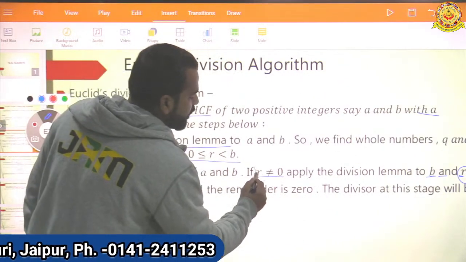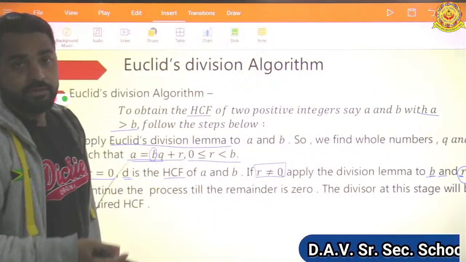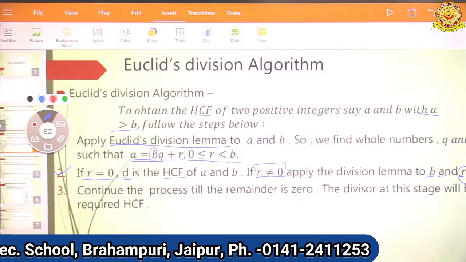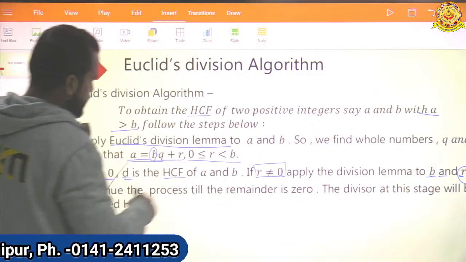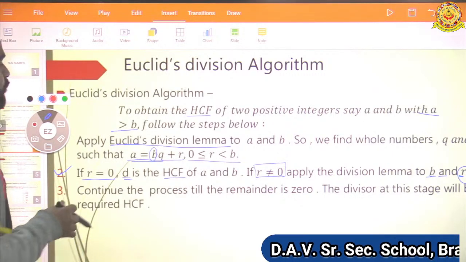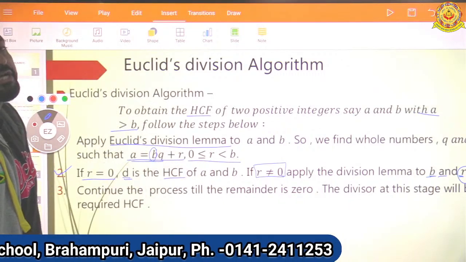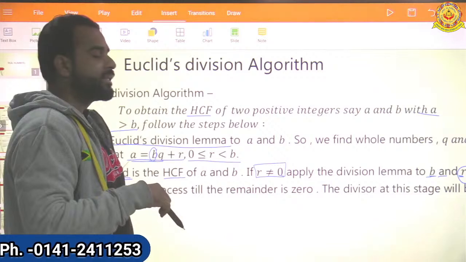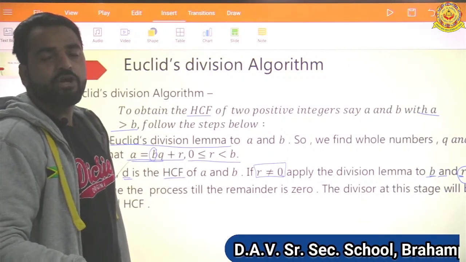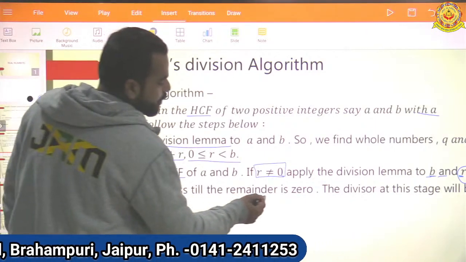If our remainder does not come 0, we will continue this process to get 0. You have to repeat this process by finding A divided by B, then whatever comes in the remainder, you divide that remainder R by B again, and if the remainder does not come 0, you proceed with the same procedure. So continue the process till the remainder is 0.